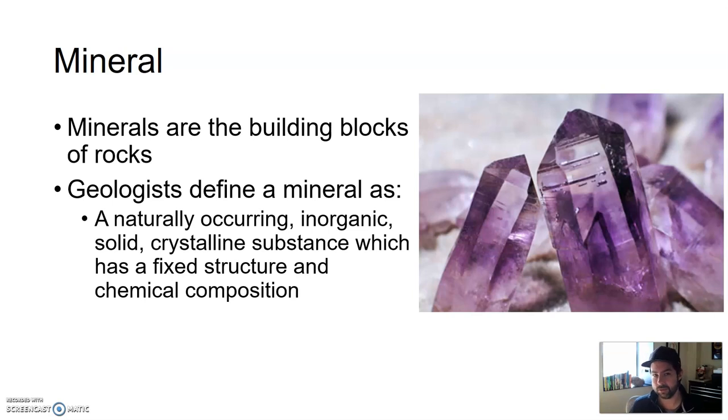The other things, having a crystalline atomic or molecular structure and a fixed chemical composition, are something we can't see. We just have to know something more about the mineral itself, or have some fancy equipment or a high degree of knowledge of geochemistry to be able to do that. But we can look at things and see, oh, that's solid.